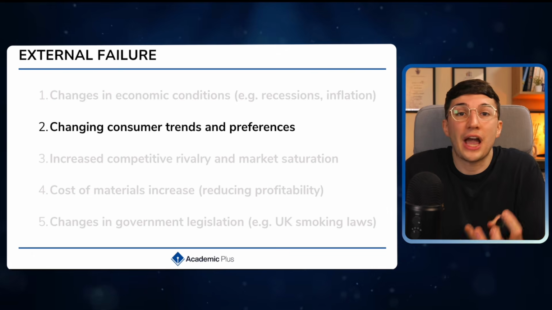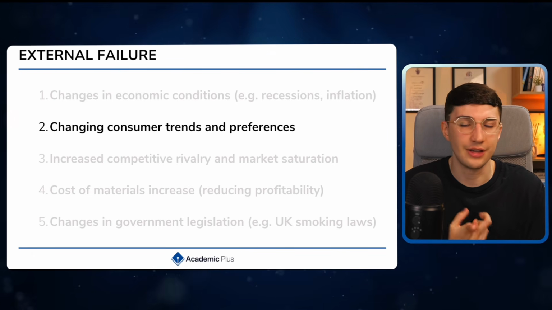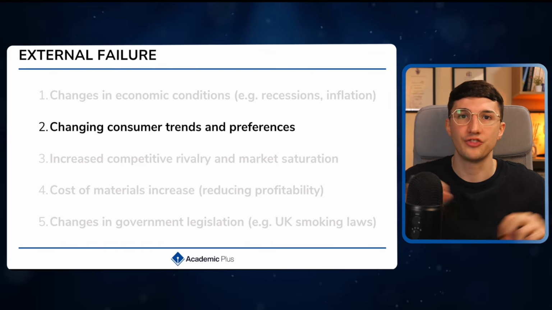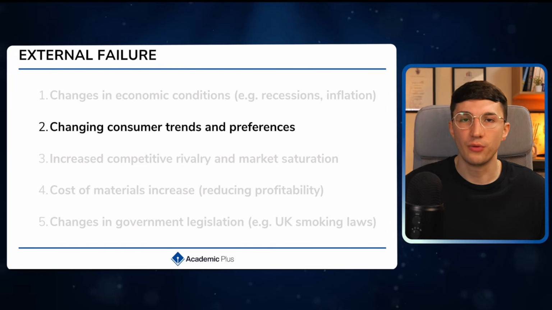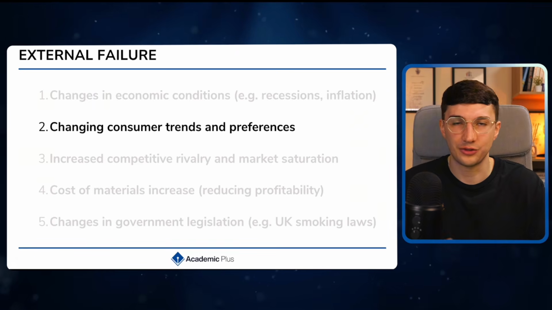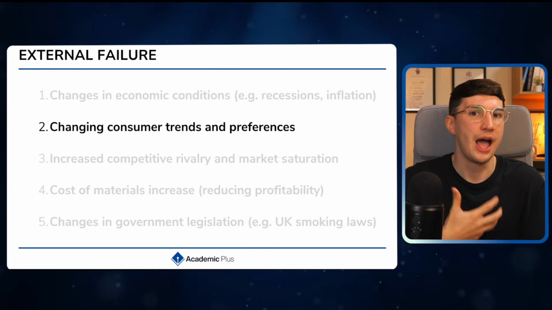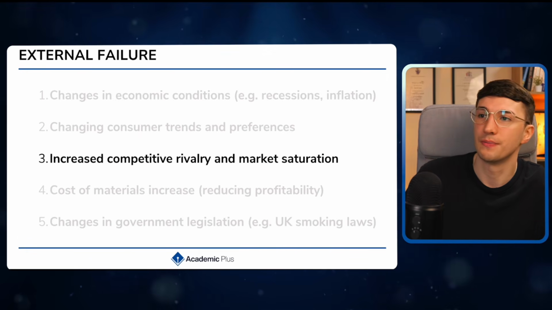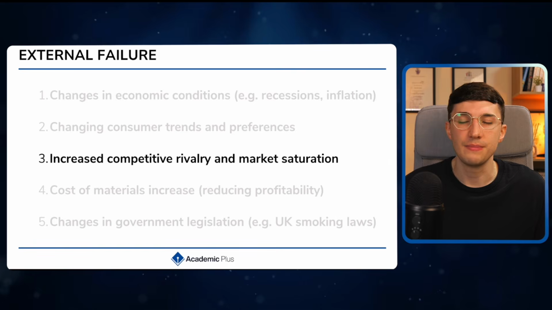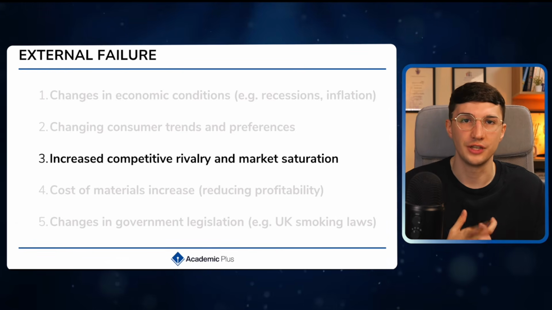We can also look at the changing environment in the fashion industry. Consumer trends, wants, needs and preferences change every single day. A new influencer might be wearing a different type of style, then all of a sudden every fashion retailer has to start accommodating for that. If you don't, once again, how well do you adapt to that change? Level of competitive rivalry: there's a great model that we'll be learning in Theme 3 called Porter's Five Forces.